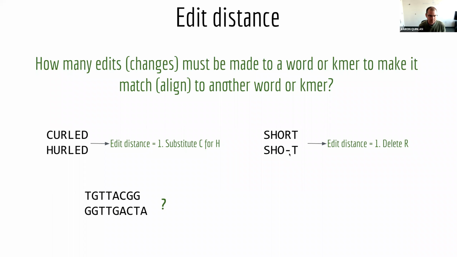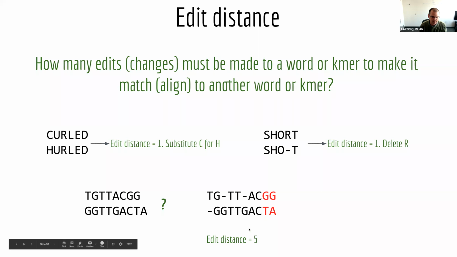Now by analogy, what does it look like for a more complicated scenario like this, where we've got two sequences that have some similarity but a lot of dissimilarity? One solution would be to align the two sequences with the following 5 edits.